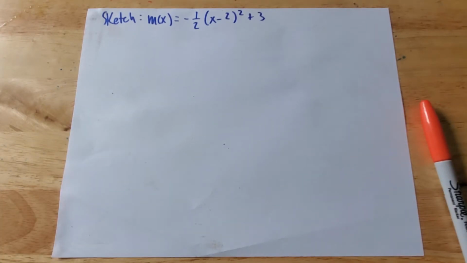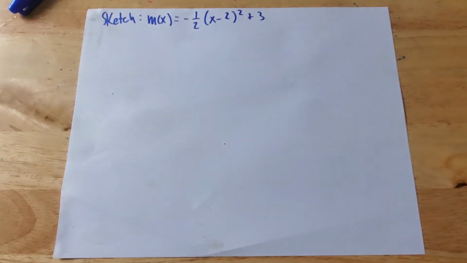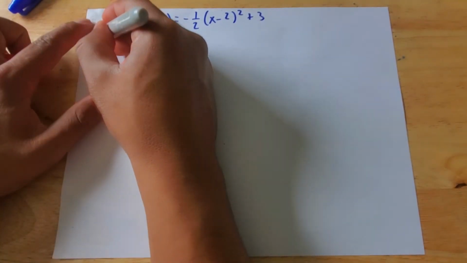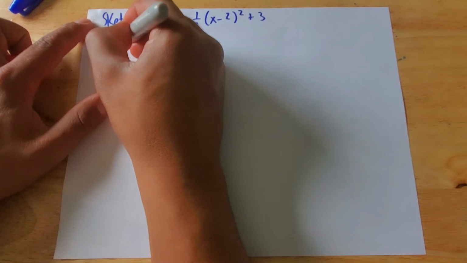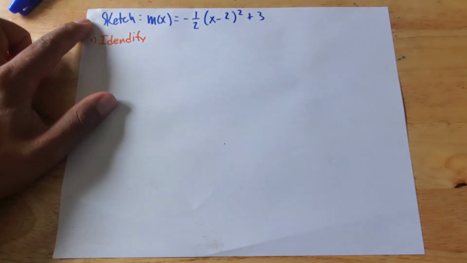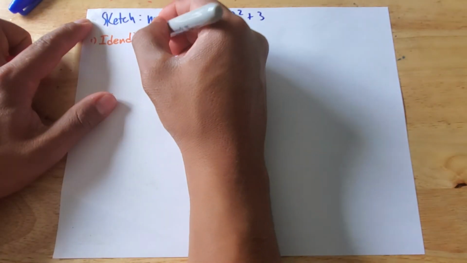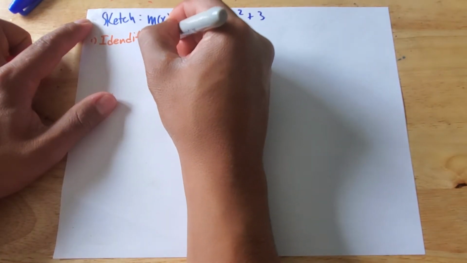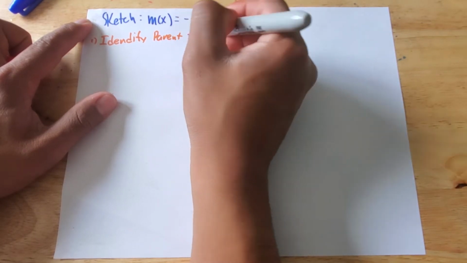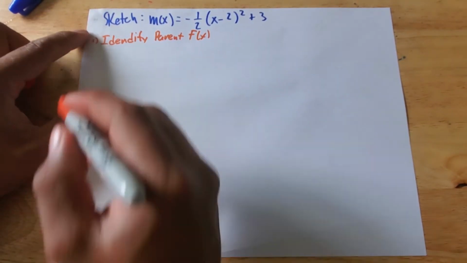So I'll write the steps on the left hand side. The first thing we want to do is identify the parent function.